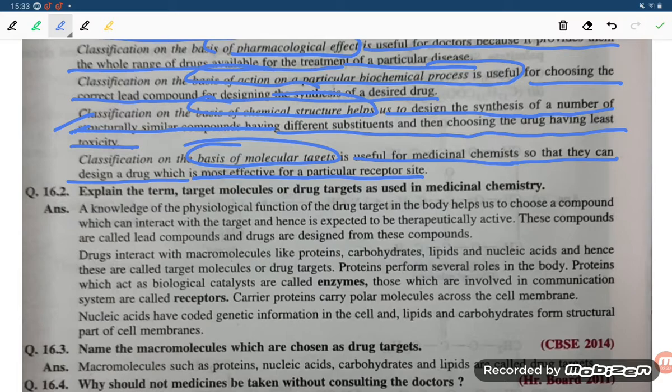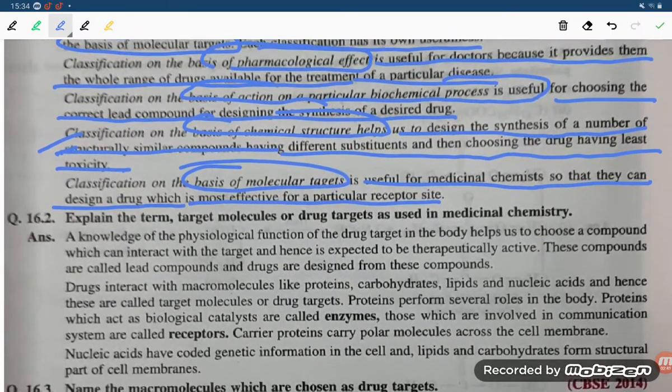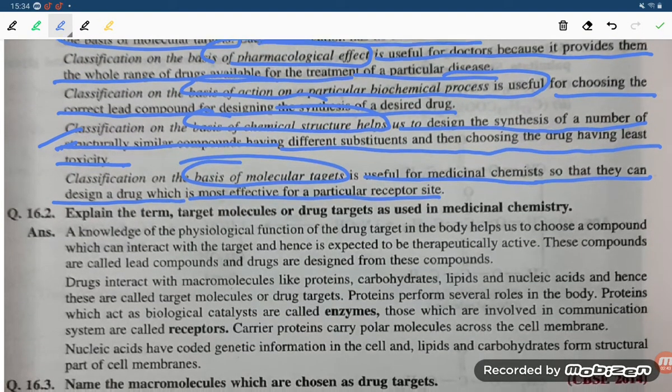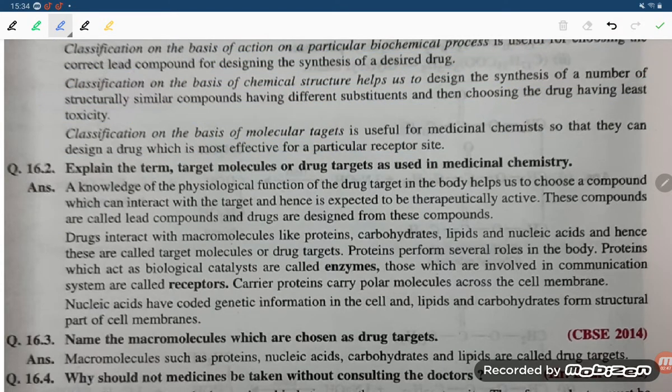The next question is, explain the terms target molecule or drug target as used in medicinal chemistry. When you talk about the target molecule or biomolecule, let us have a look at it.